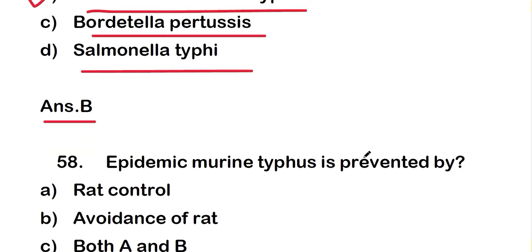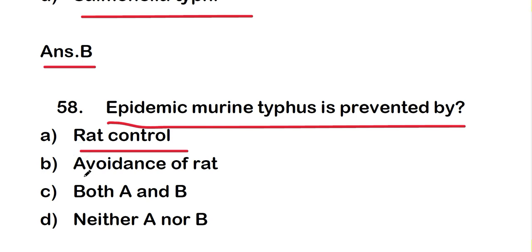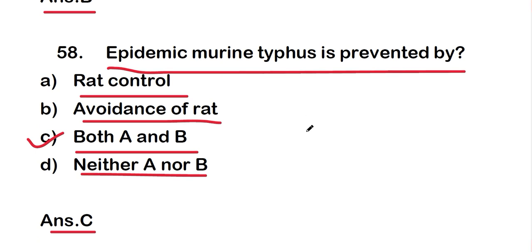Okay, so the next one is question number 58. Epidemic murine typhus is prevented by rat control, avoidance of rats, both A and B, or neither A nor B. And the right one is option C. Both A and B is the correct answer: epidemic murine typhus is prevented by rat control and avoidance of rats.